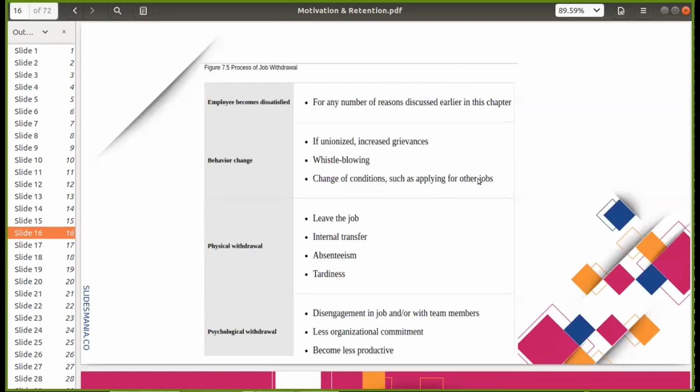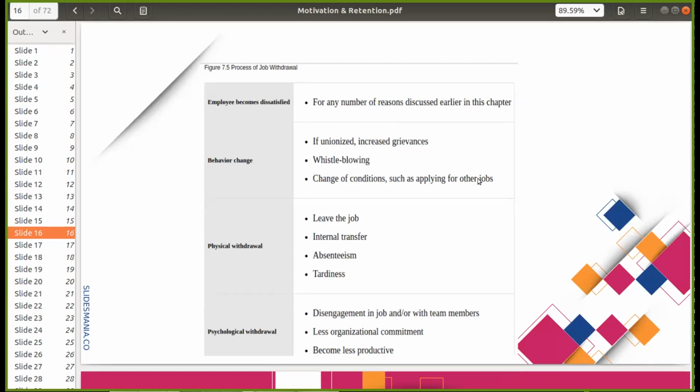Then we have the process of job withdrawal. So yan, sisimulan natin, of course, dissatisfied na si employee. Okay, there are a number of reasons, no? Na-discuss na natin. And sa behavior change, ayan, lagi siyang nagsusumbong. Pag kasali siya sa union, lagi siya may reklamo sa union, no? Nagsusumbong na siya, no?